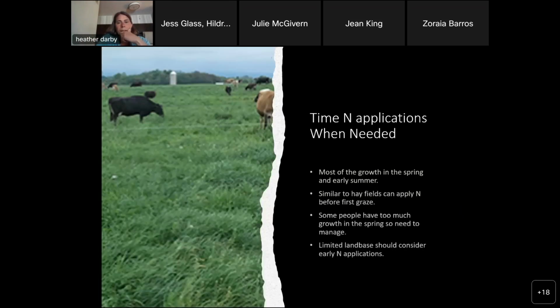All right. Timing of adding fertility. A lot of people ask this. If it is straight grass and you need more grass and you're limited on fields, adding that in the spring is always good before you put the cows out. Just like when you're cutting hay, I know a lot of people say, well, I have too much to eat in the spring, so maybe you don't want to add it then.